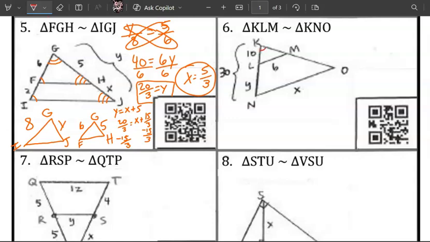All right, K is going to go with K. And then L goes with N. And then M goes with O. Let's draw out the two triangles separately. And then let's label each of the side lengths.